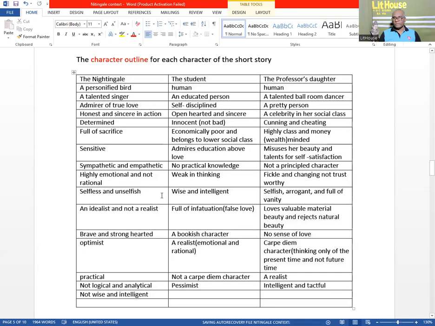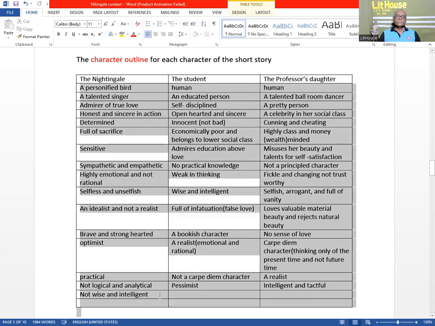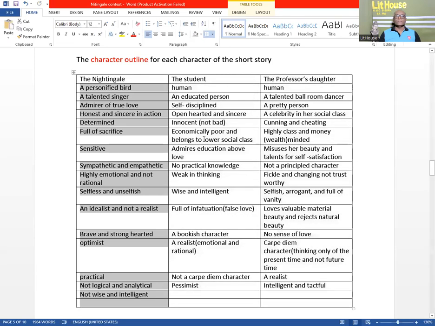Right? In point form. After that, you have to write the essay, a long essay. Your comment on these characters. These are their character qualities. Character qualities. Features.